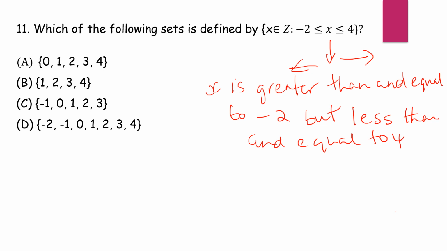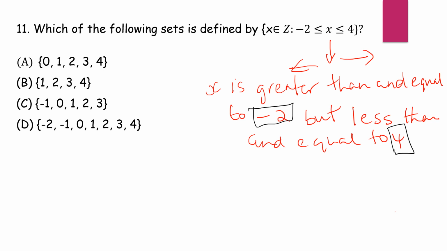So when we look at the options A, B, C, D, we need to understand because of this line here and the line above, it means equals to. So our list of numbers should begin with -2 and end with +4.